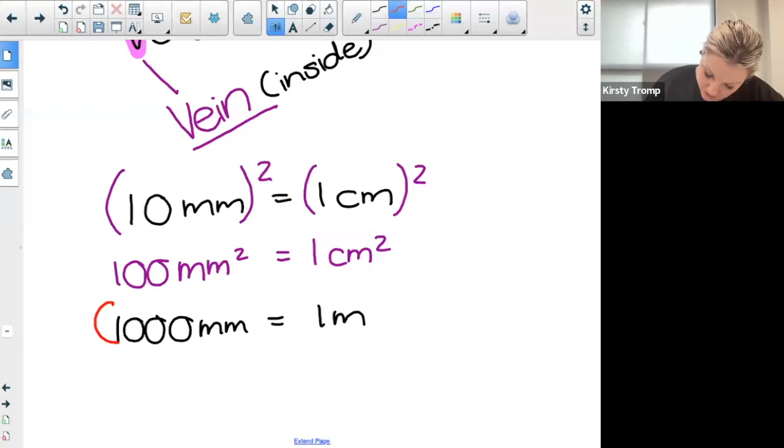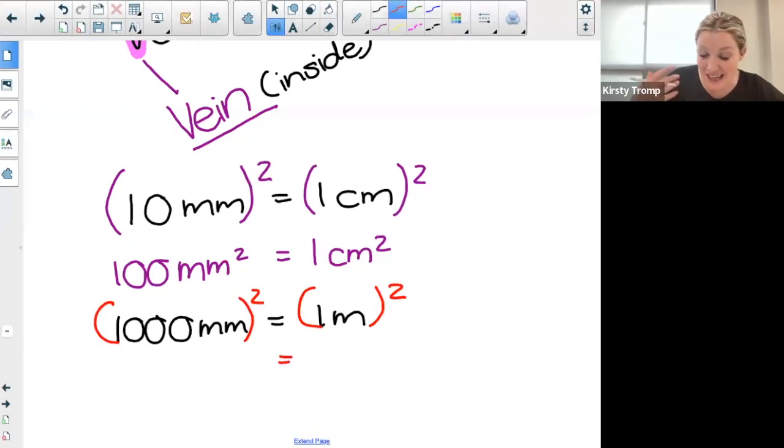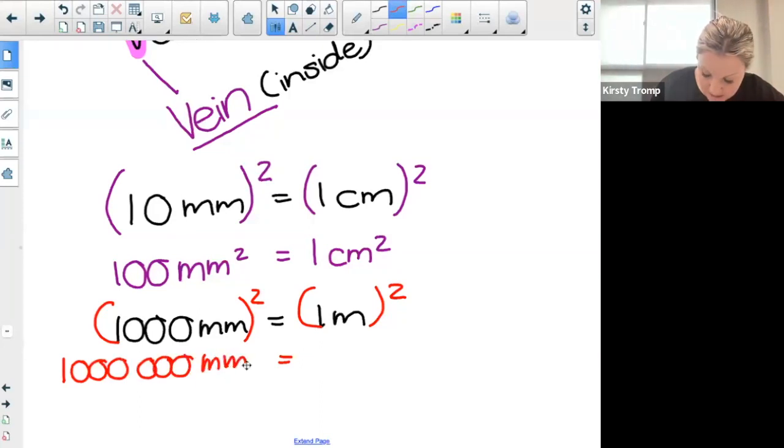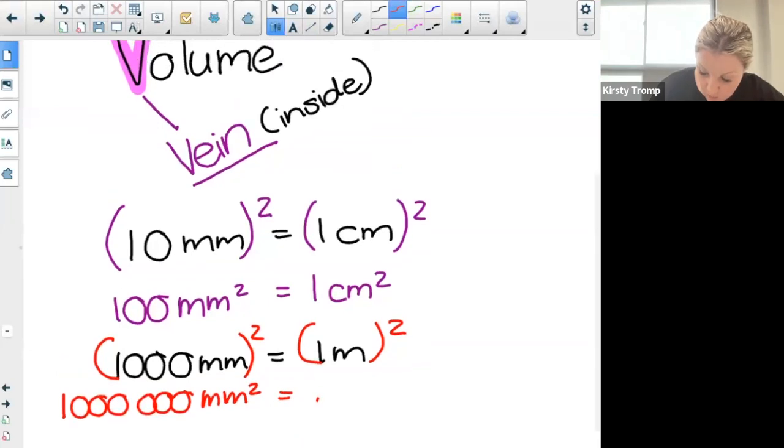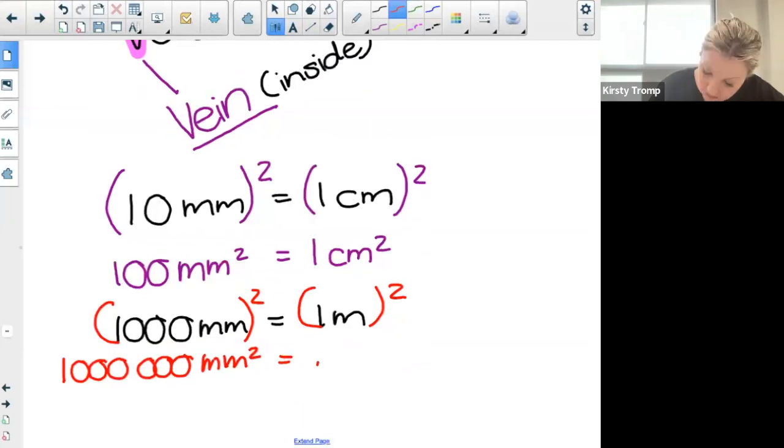So on this side, I square it, and whatever I do to that side, I must do to this side. So 1,000 squared is the same thing as saying 1,000 times 1,000. So I'll have 1, 2, 3, 4, 5, 6 zeros: 1,000,000 millimeters squared equals 1 times 1, which gives me 1 meter squared.